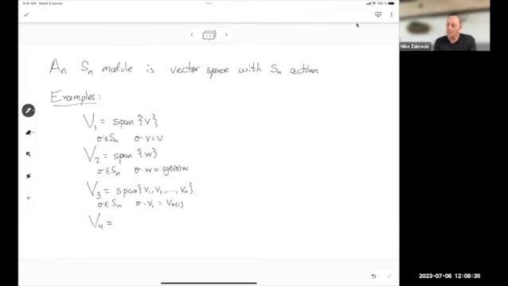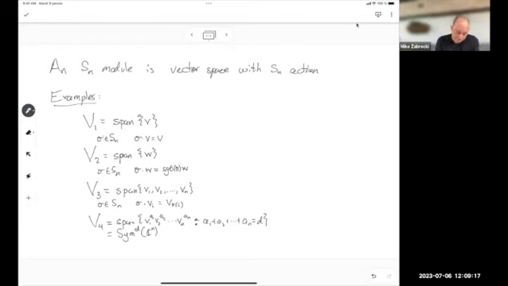My fourth example is slightly more complex, but Rosa had given it in her talk as well. It's the span of monomials in Vi: V1 to the A1, V2 to the A2, up to Vn to the An, where A1 plus A2 plus up to An is equal to D. She denoted this Sym D Cn, because it's also a GLN module.